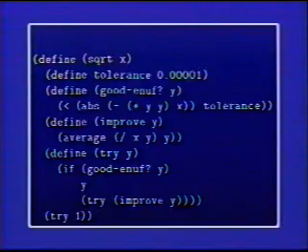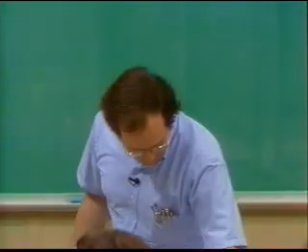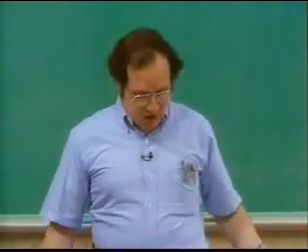There's some loop here inside try, and the loop does something about trying the improvement of y. There's something called improve, which does some averaging and quotienting and things like that. But what's the real idea? Can we make it clear what the idea is? Well, I think we can. I think we can use abstraction that we have learned about so far to clarify what's going on.